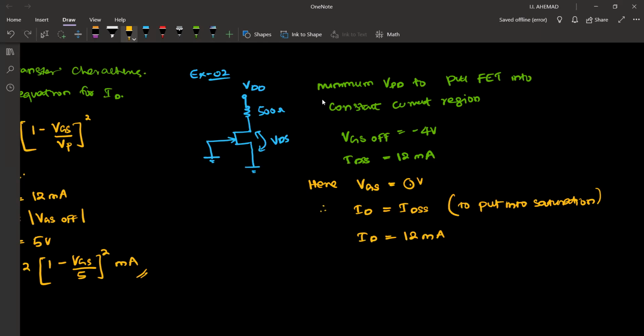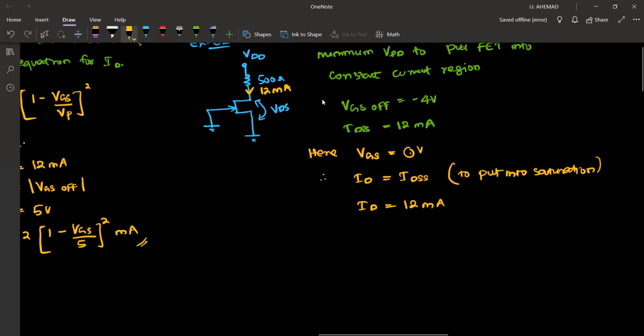So now I have found this current. This current has to be 12 milliamperes. And what can you tell about VDS? ID will be equal to IDSS only for VDS equal to VP.